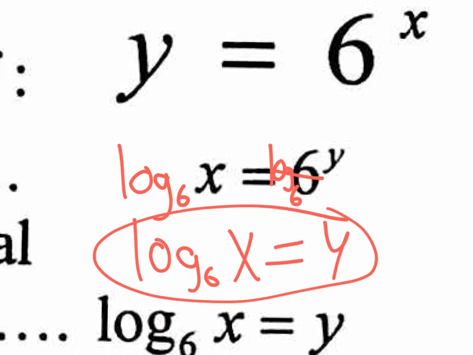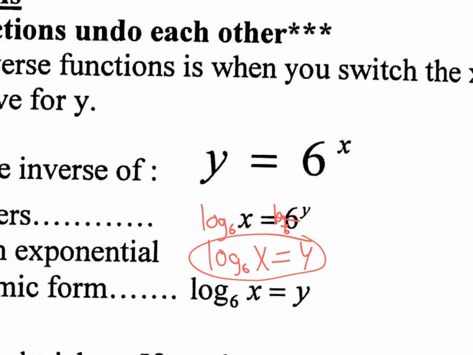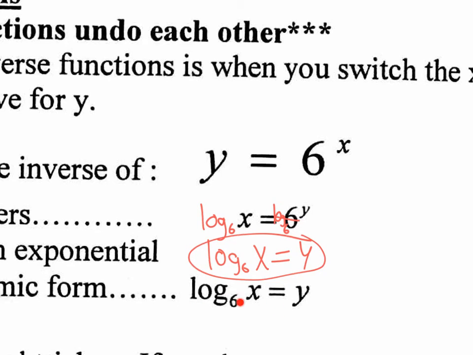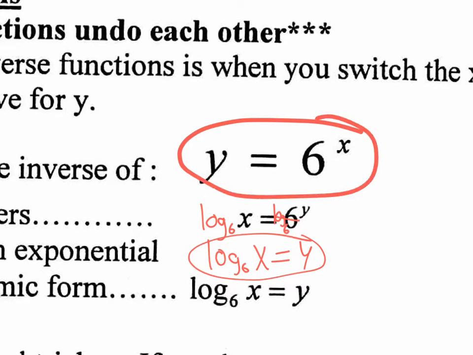Now, when we look at the big picture, well, that was already done for us. Sorry about that, I just wanted to explain it. But when we look at the big picture, we have an original exponential growth function, and the inverse of that exponential growth function is a logarithmic function. Okay, the inverse of an exponential growth is a logarithmic function.